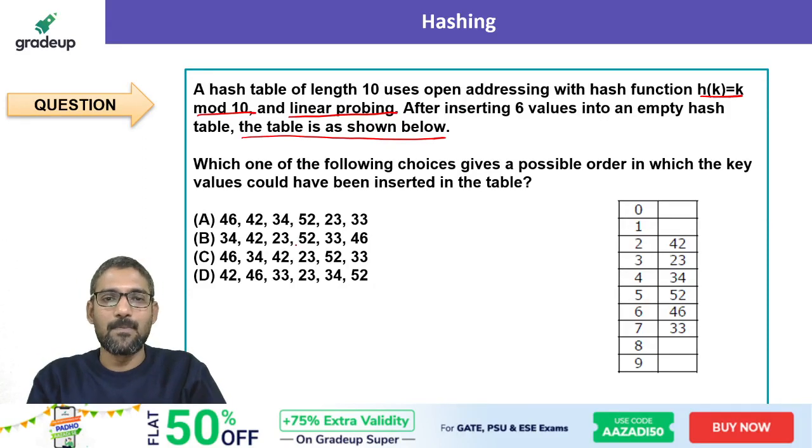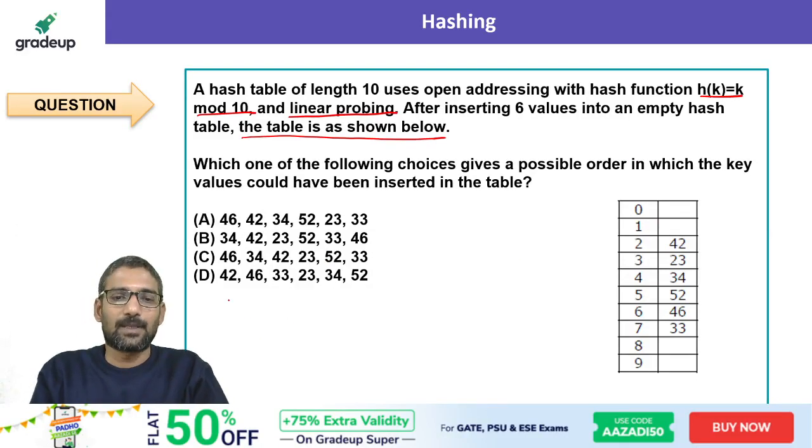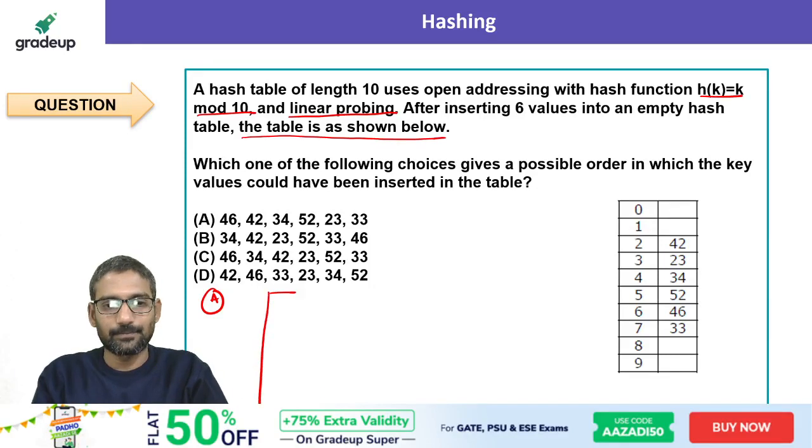Now, which of the following choices gives you a possible order in which key values could have been inserted in the table? So, for which options you will get the table like this? Let's try with option A. Ten slots.